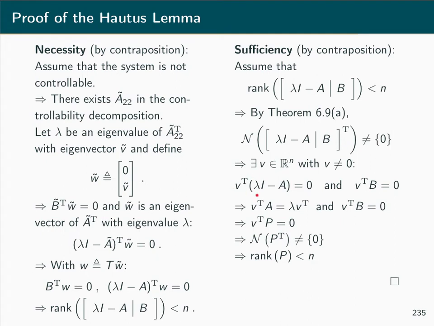Hence, by rewriting this equation, we have that v transpose A is equal to lambda times v transpose and v transpose B is equal to 0, which implies that v transpose times the controllability matrix P is equal to 0, which again implies that the null space of P transpose is non-trivial because we have found a non-zero vector v such that v transpose P is equal to 0 or P transpose v is equal to 0. And therefore, the rank of P is less than n, which means that the system is not controllable.